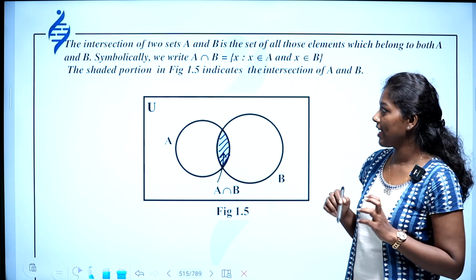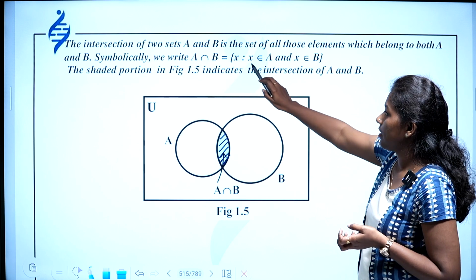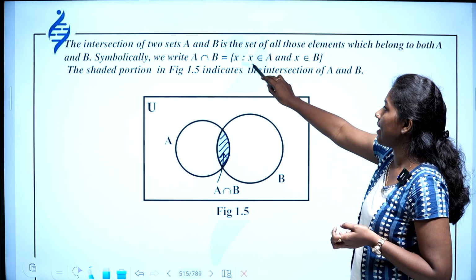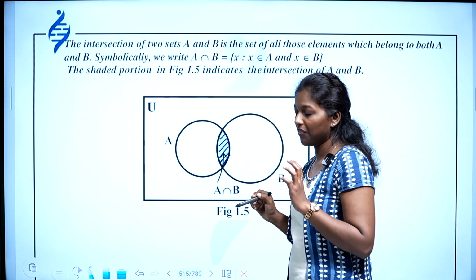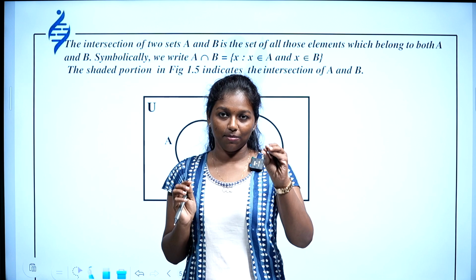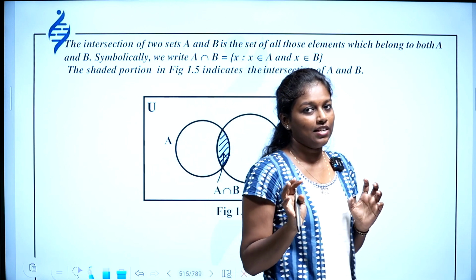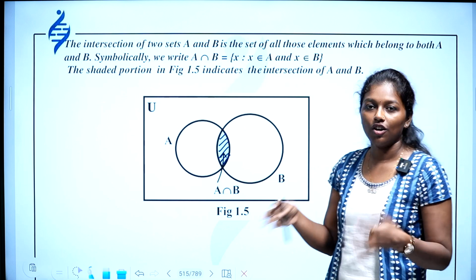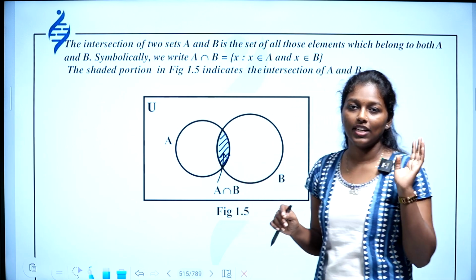So intersection actually means A and B, that is, x such that x belongs to A and x belongs to B. Apart from union, while taking intersection, you have to check those elements which belong to both A and B. That is the difference. In union, you can take all the elements that belong either to A or B, but here it should belong to both A and B.